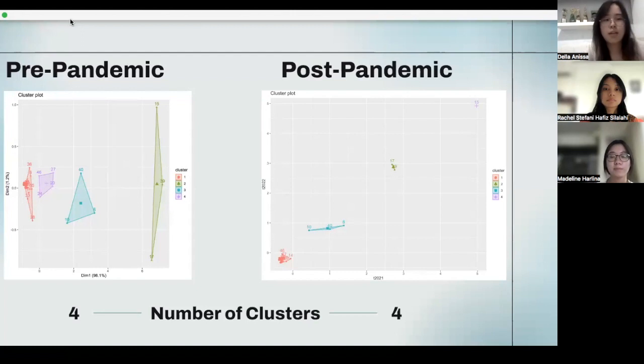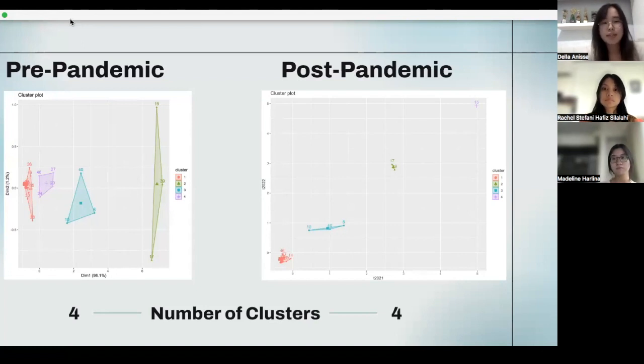Okay, so as mentioned before, the first method that our group will use is the K-means algorithm. So the first thing we need to do is decide the optimal number of clusters using the elbow method. Here we found that the number of clusters we'll use for both before and after COVID-19 is four.